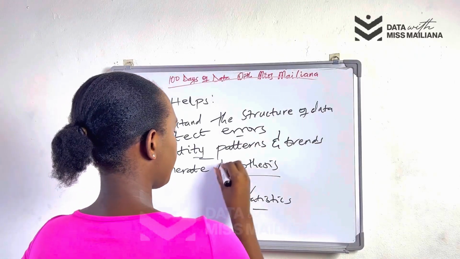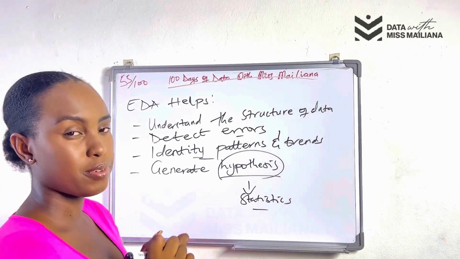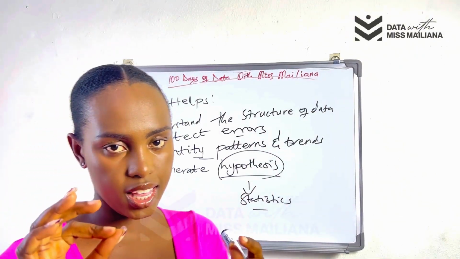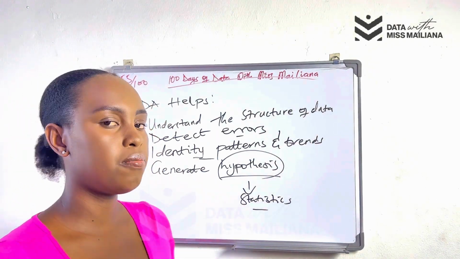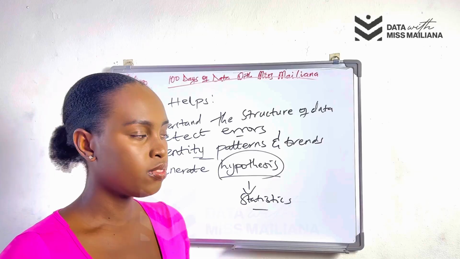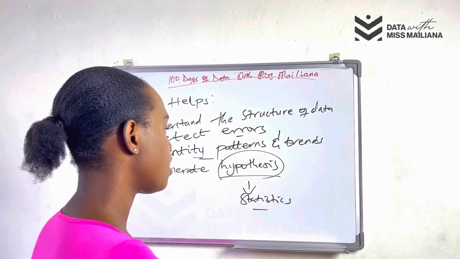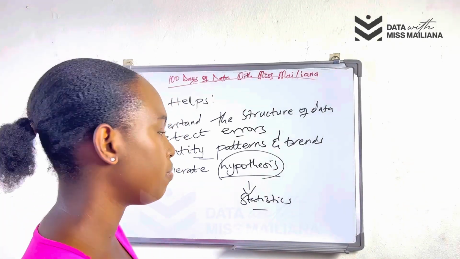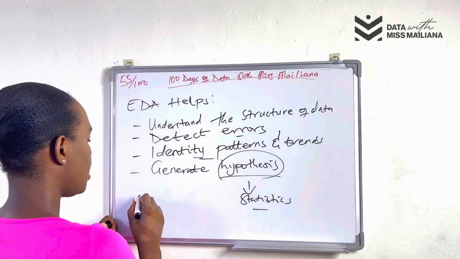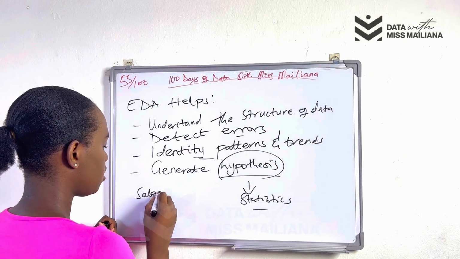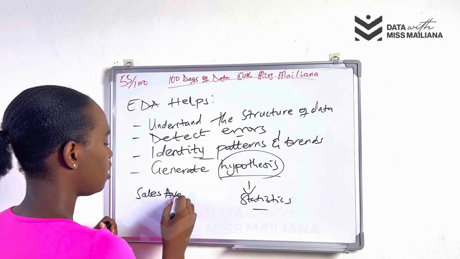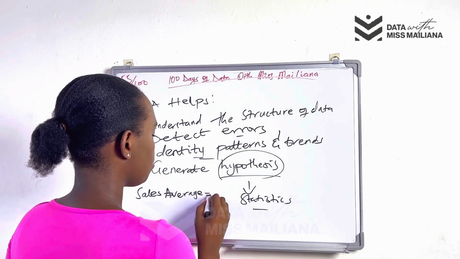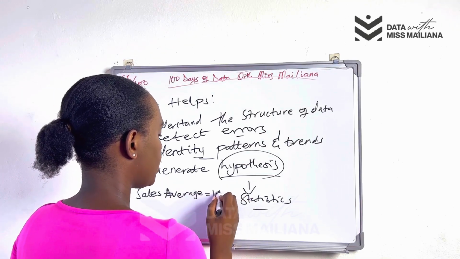And when we talk about hypothesis, let's talk about hypothesis for a minute. Hypothesis is just like creating a question for you to answer. That's how best I can explain it. And a question will be that, okay, let's say sales average is mostly equal to 1,000.